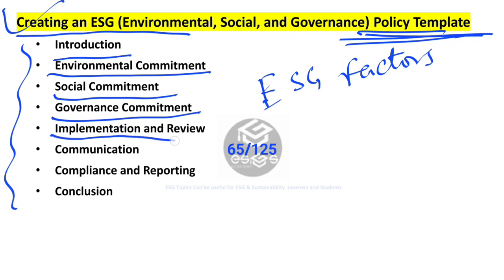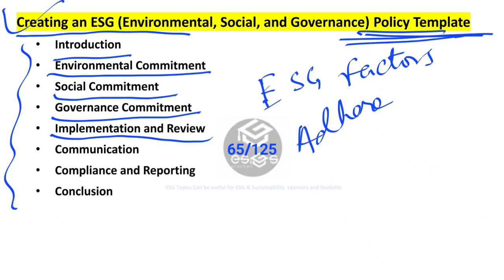In the next section, implementation and review, we think about the responsibility side. So, for example, responsibilities, we write senior management is responsible for implementing and overseeing the ESG policy. Also, all the employees are expected to adhere to this policy and contribute to the success.